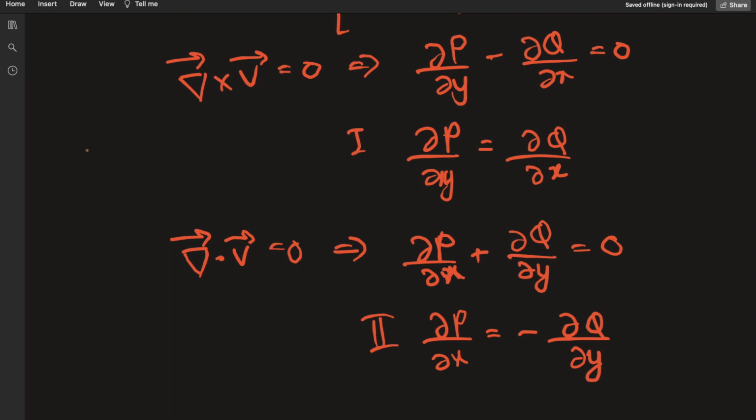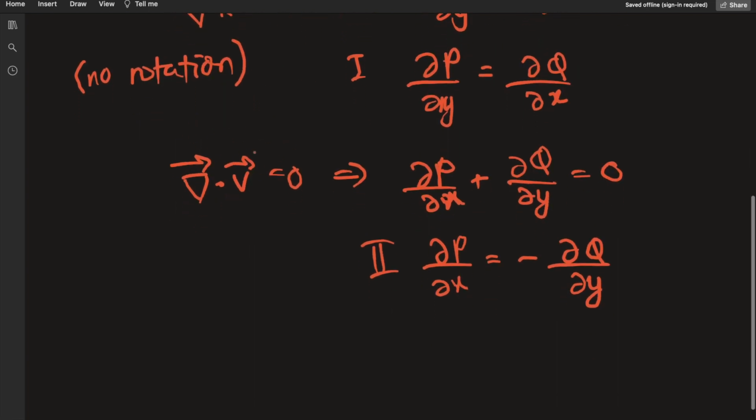What curl says is that there is no rotation in the vector field. Like if you sketch out each vector in this vector field, there's going to be no net rotation. And the divergence 0 says that there's no sinks or sources.